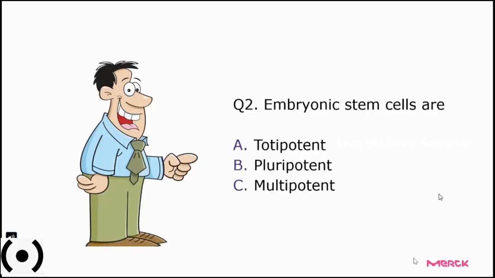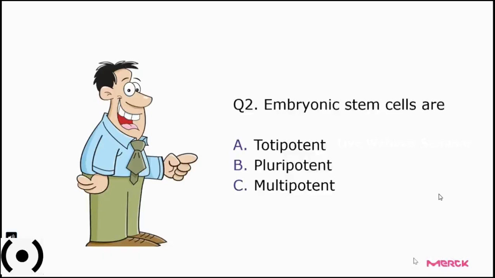Yeah, Shubham. So how many students responded to what option? So Ankur, I'm going to end the poll. There is a mixed response. 57% have chosen option B, pluripotent, and the rest have chosen option A, totipotent.